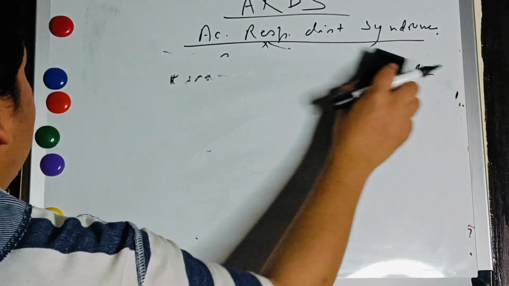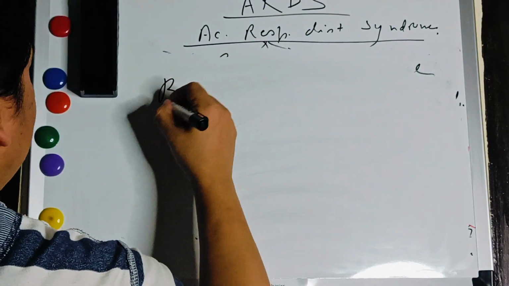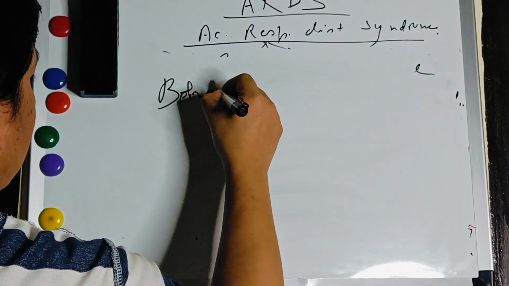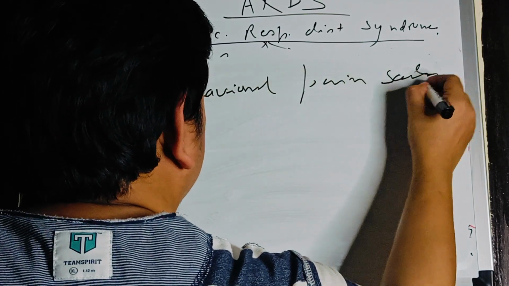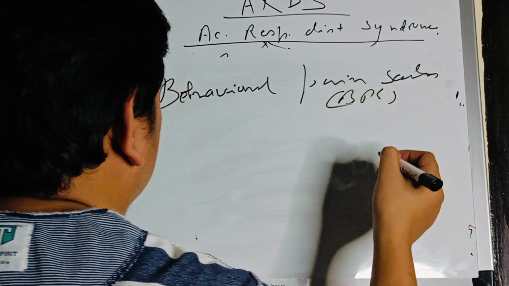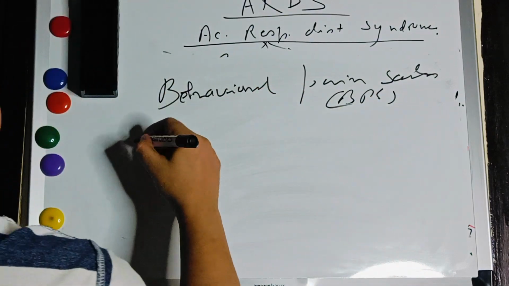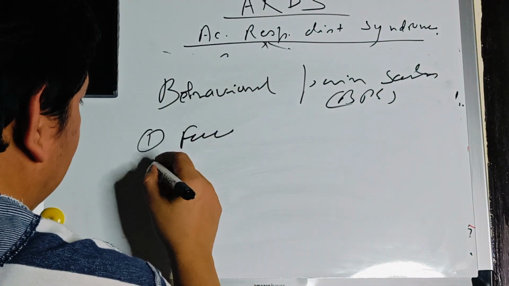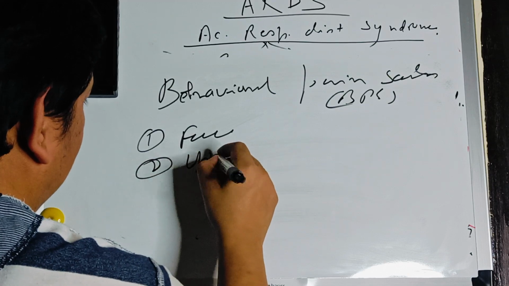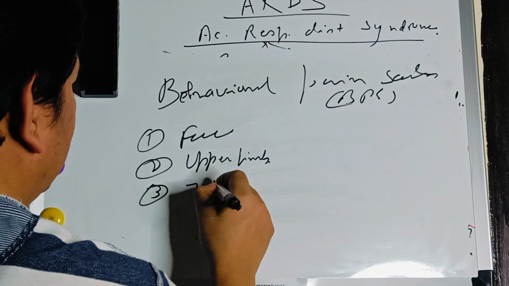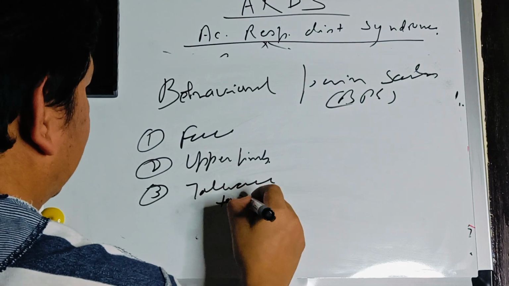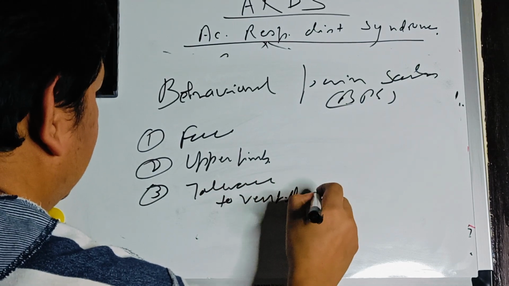And for pain, we have to follow the Behavioral Pain Score, BPS, where face action and upper limb action and tolerance to ventilator have to be checked.